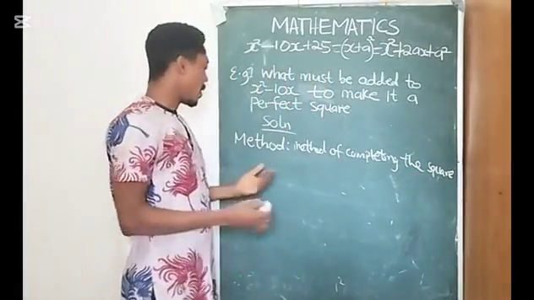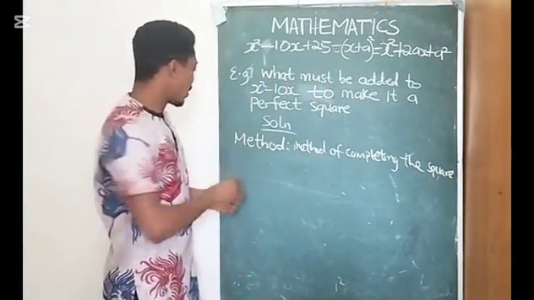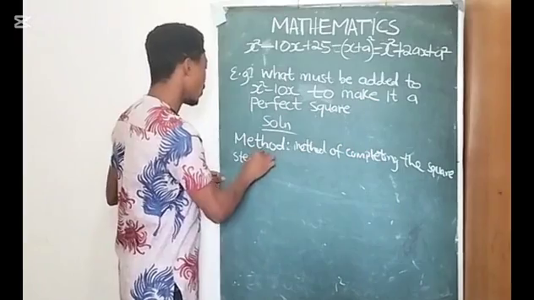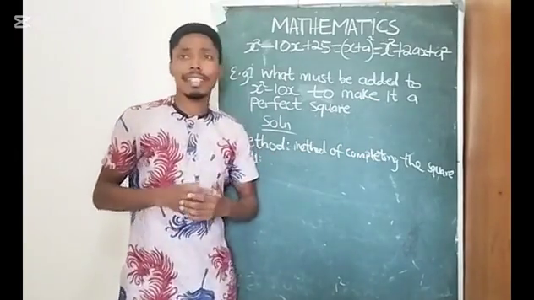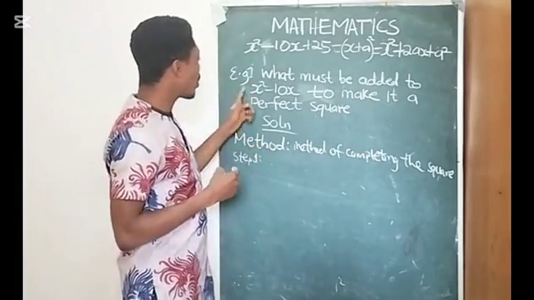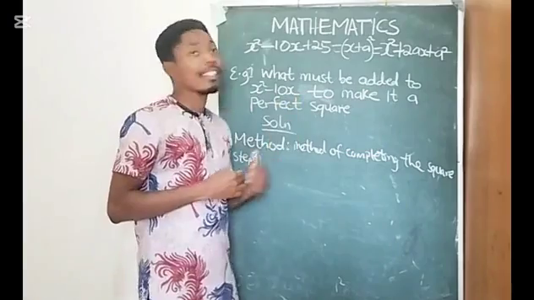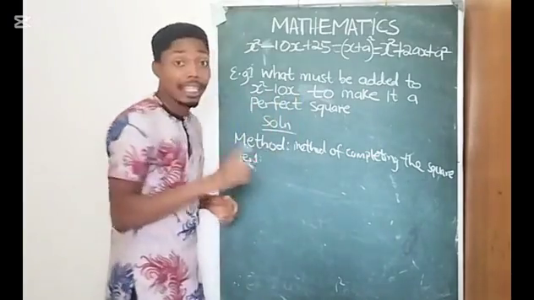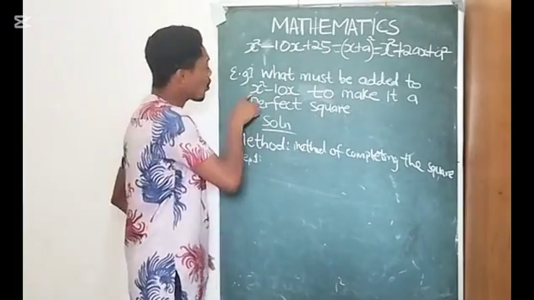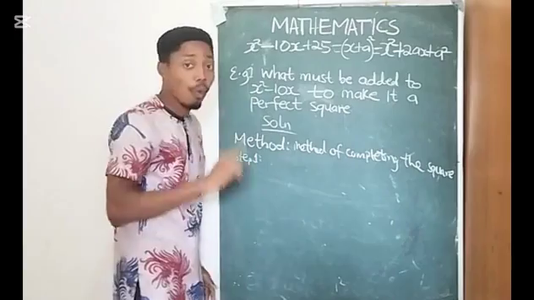In that method, the first step we're going to take is that we will make sure that the coefficient of x squared is unity. What I mean is the coefficient of x squared must be 1.